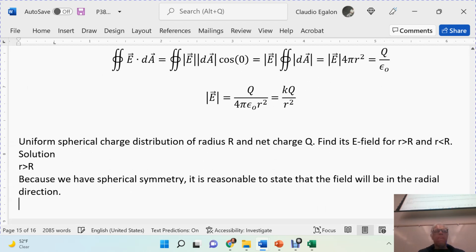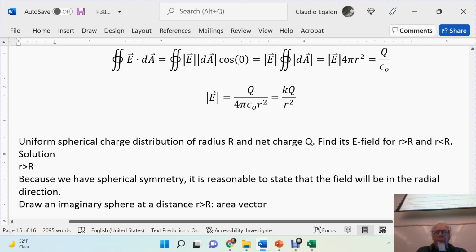Draw an imaginary sphere at a distance r greater than big R. Let's put big Q greater than 0.